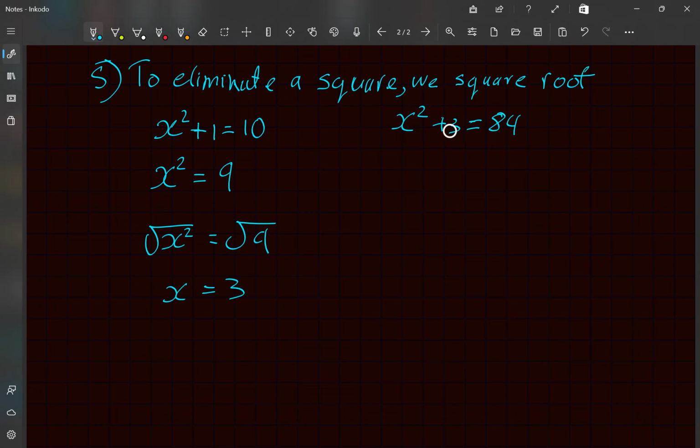We need to get rid of this plus 3 first. So I would minus 3 from both sides. Right, then I need to get rid of this square. And to do that, I would take the square root.